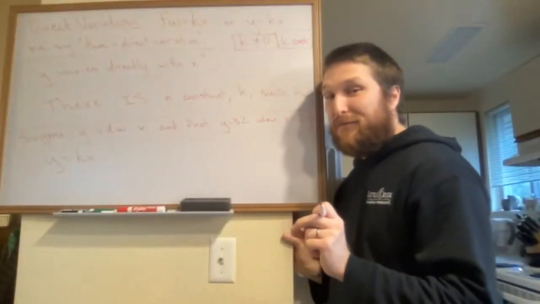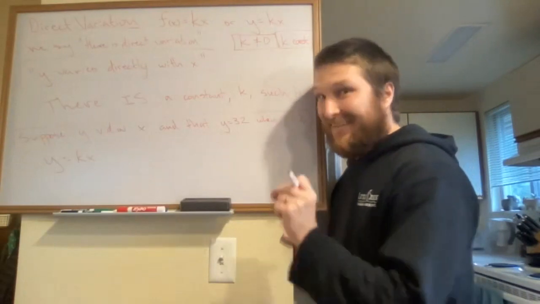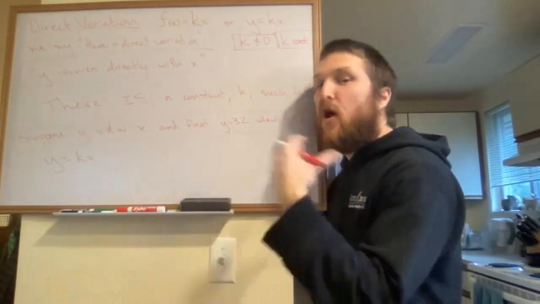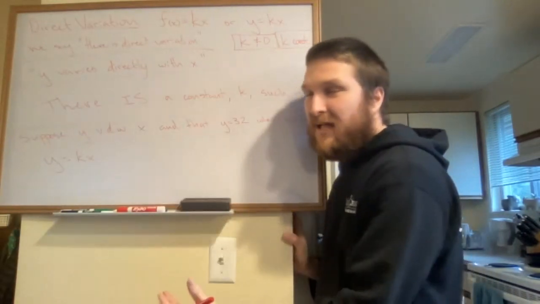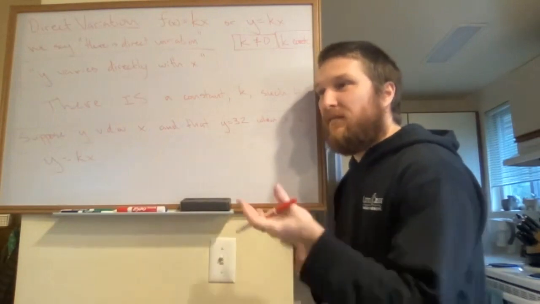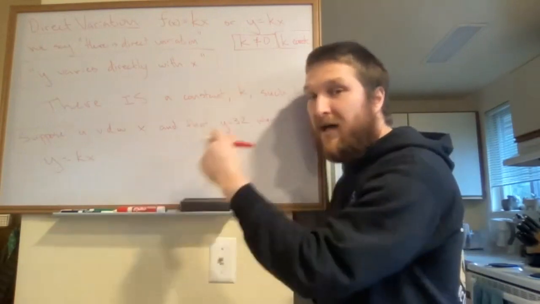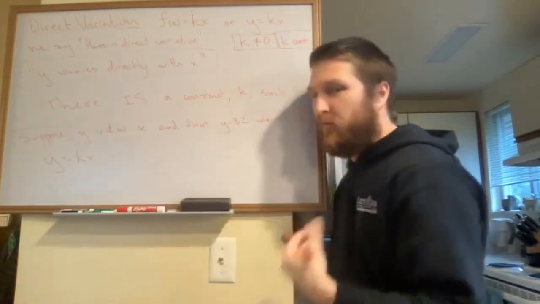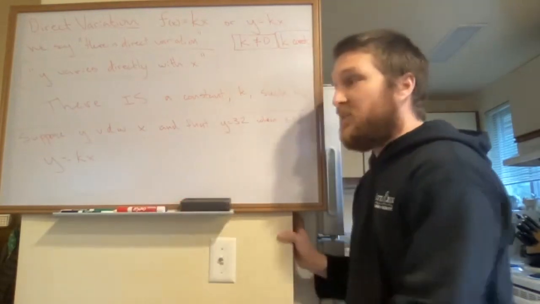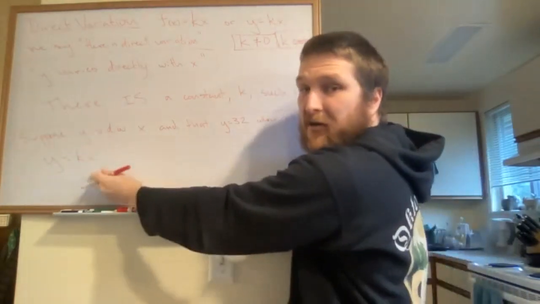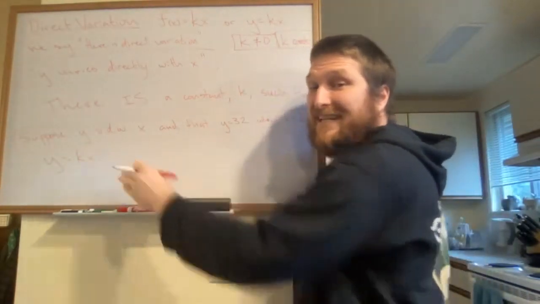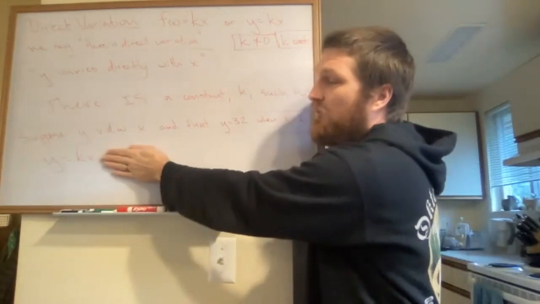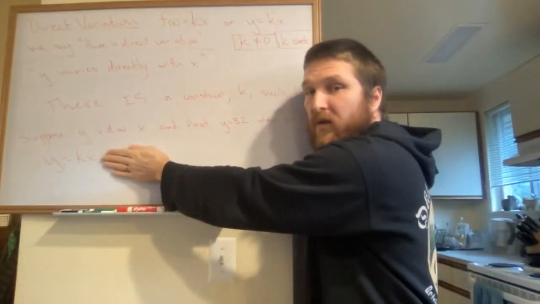In fact, it's almost exactly like a line, right? When we know that something lies on a line, and then they give us some more information about that line, we plug in a value in order to find, say, the slope or the intercept. It's precisely what we're doing here. It's just that our line happens to be even easier because the intercept is always going to be 0 whenever you're talking about direct variation.